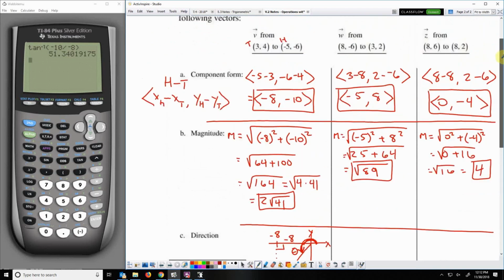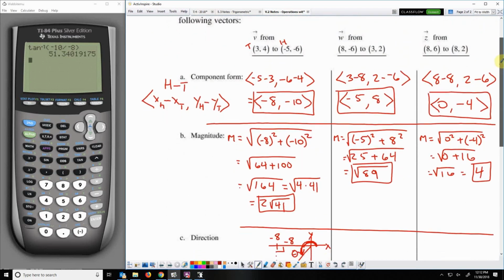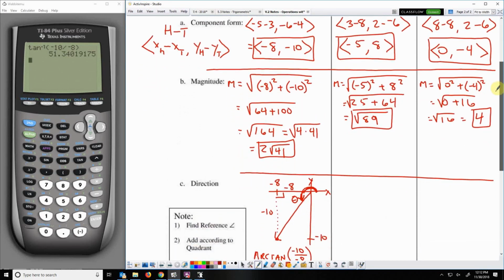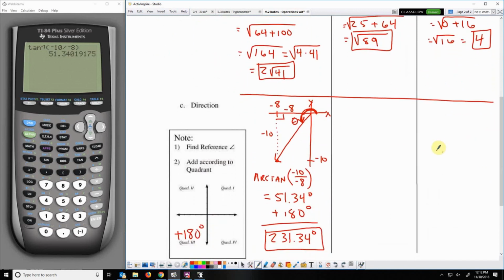The next one, the direction, I've got a component form of -5, 8. So that's going to be left 5 and up 8. So my vector is going to look about like that. And I'm going to turn that into a right triangle.